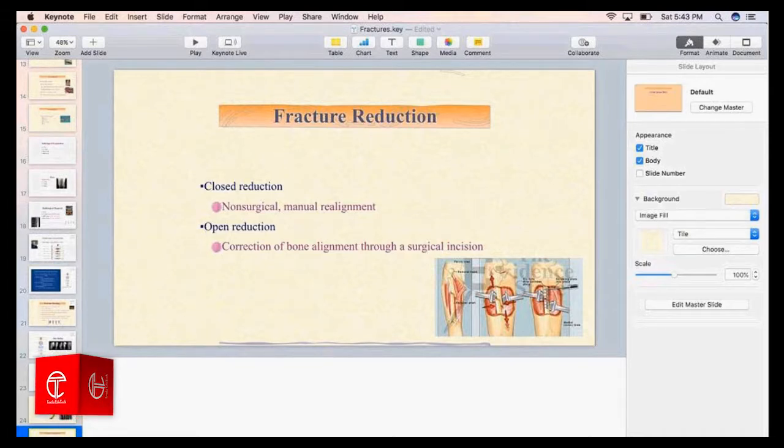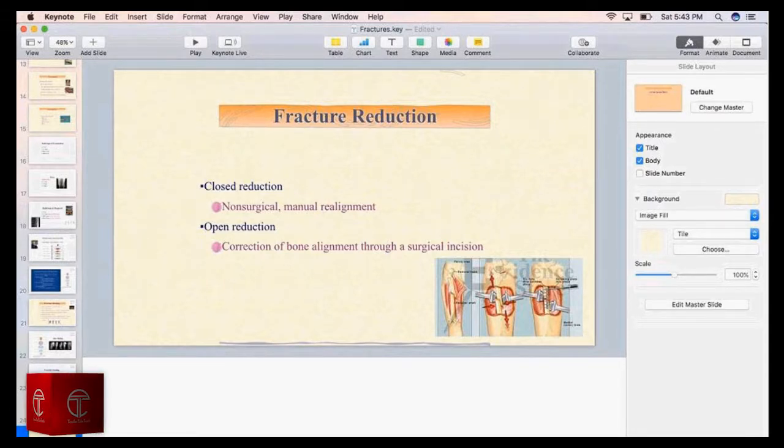Also, if soft tissues like a muscle, tendon or nerve are entangled between the fragments, these are indications for fixation.